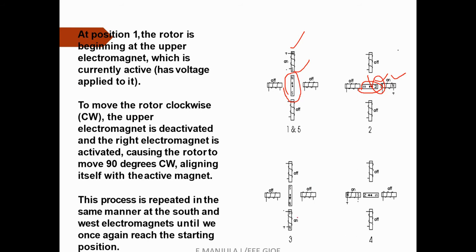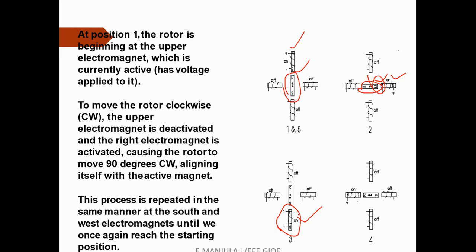Then again at position 3, if you observe, the third coil will be activated by the supply and the second coil will be disconnected. The supply, positive and negative, should be given in such a way that there is an attraction force between the rotor and the stator, so that whichever direction current passes through that coil, the attraction force exists between both.